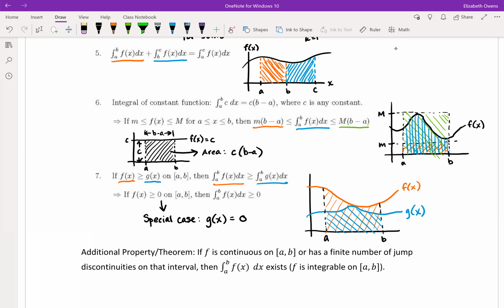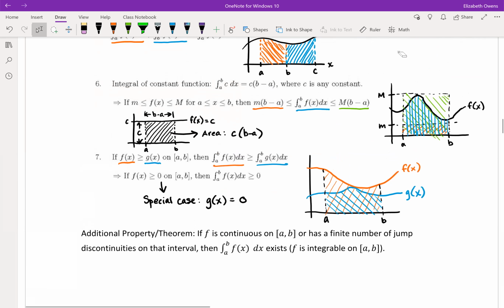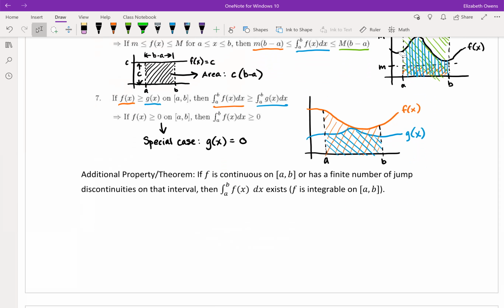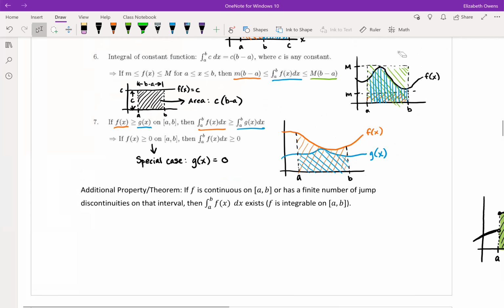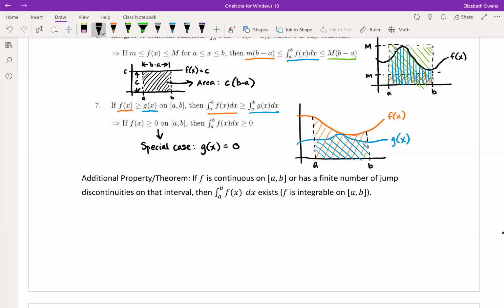Now there's one little extra additional property or theorem. The book does not include this one with the previous 7 properties, but it's along similar lines. If f is continuous on the interval from a to b, or if it has a finite number of jump discontinuities on that interval, then the integral from a to b of f of x dx exists.